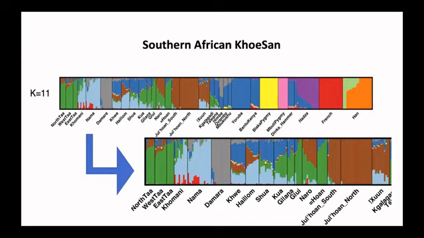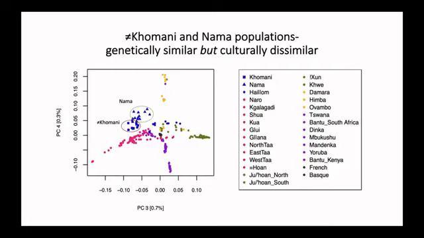The dark blue in the middle from the Yoruba is reminiscent of West African ancestry. If you use the same principle for all the different colors, you'll see that the Komani and Nama look relatively similar.